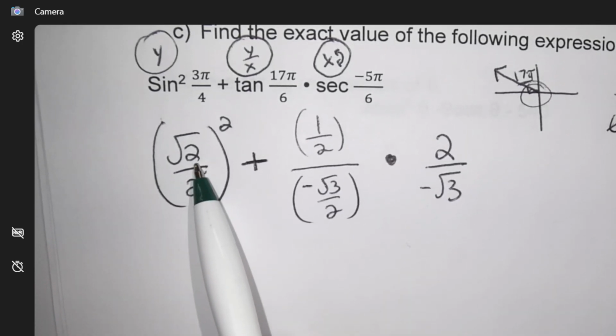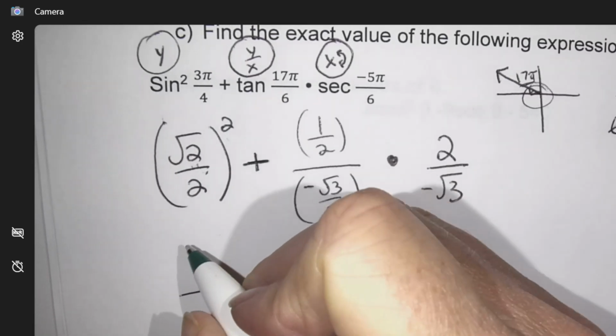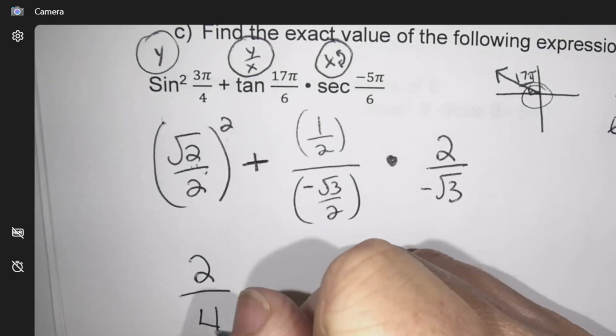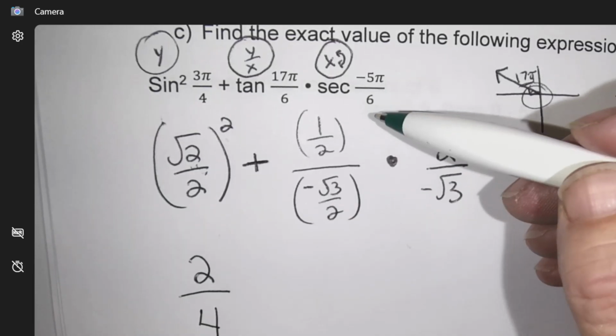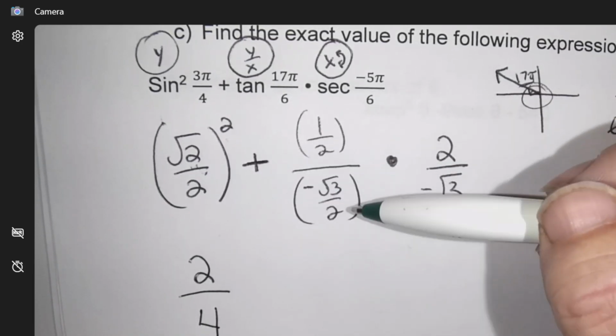What happens when you square? Root 2 squared is just 2. And the whole number 2 squared is 4. Okay, I'm going to times and flip.